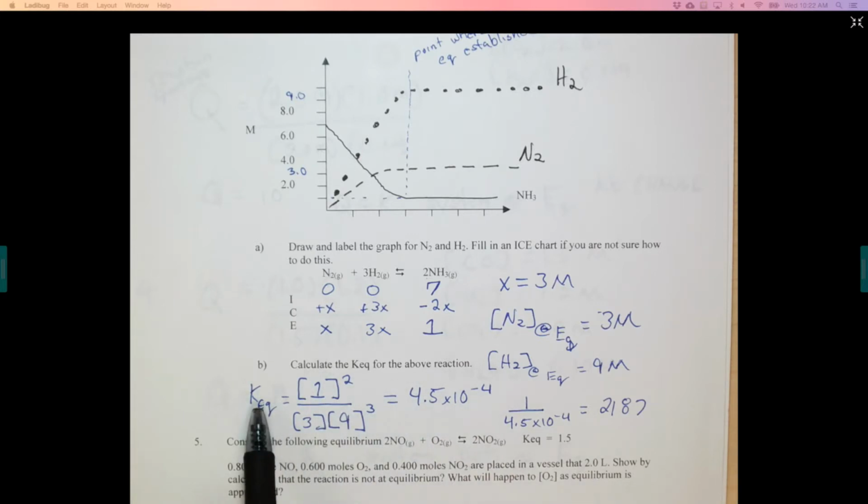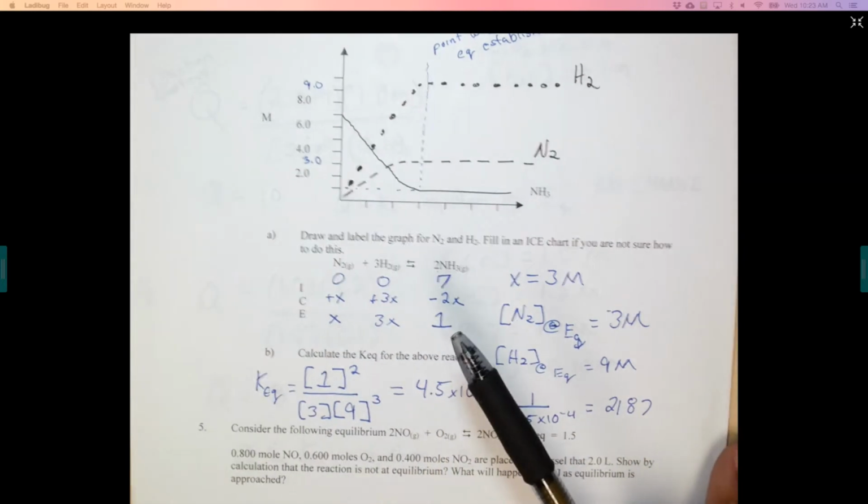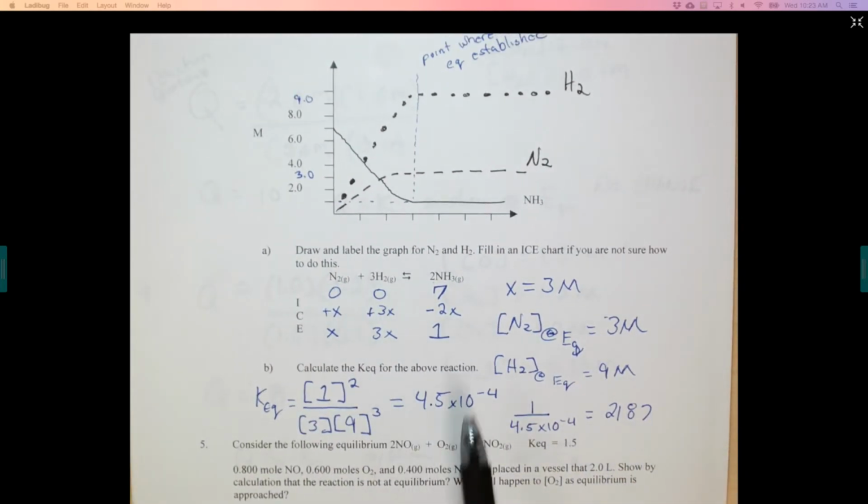Knowing this information, the Keq expression is pretty straightforward, right? Products raised to the stoichiometric coefficient divided by the product of the reactants raised to their stoichiometric coefficients, and we see that Keq for the forward reaction, which is the above, is 4.5 times 10 to the negative 4. Notice that it is reactants favored.